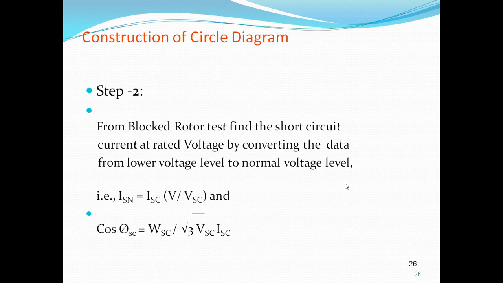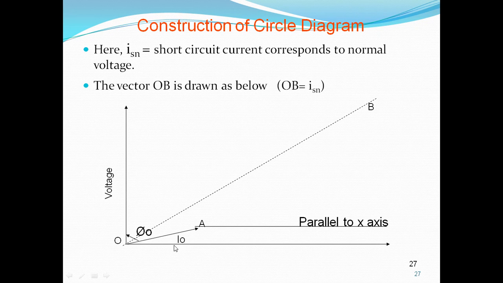So cos phi SC is equal to WSC by square root 3 into VSC into ISC. So ISN is the short circuit current corresponding to normal voltage. So now we have to draw a vector OB that is equal to ISN at an angle of phi SC. So this is OB, this is phi SC.